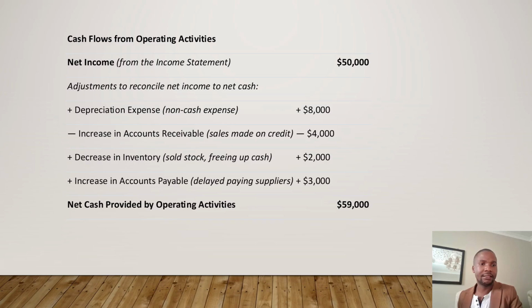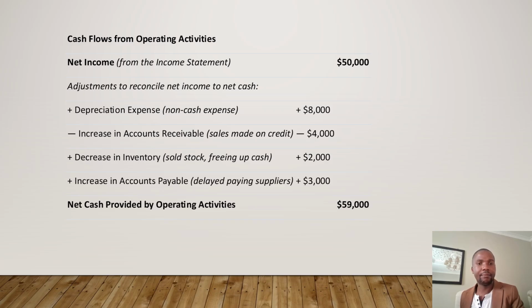And then we have a decrease in inventory. We sold the stock, thereby freeing up cash. So we sold stock, we received cash. So that is a cash inflow. That's why we are adding 2,000 there of sold stock. And then there was also an increase in accounts payable.